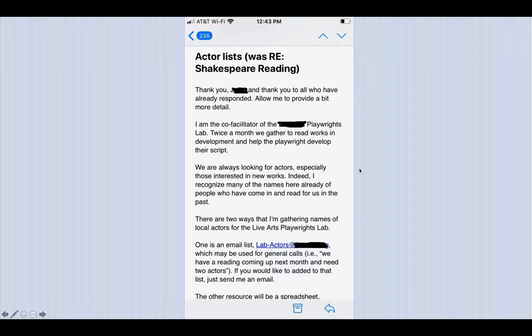We've got several short paragraphs, white space, that's all good. It's pretty easy to read. Notice that a lot of these paragraphs are only 2 sentences long. I like that in this paragraph, for instance, he starts with the hook or the main point. We are always looking for actors, and that's the whole point of his email.